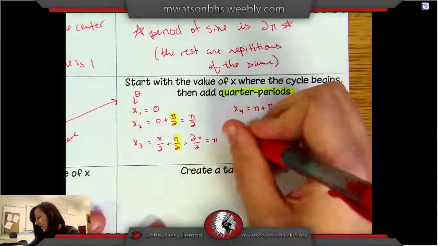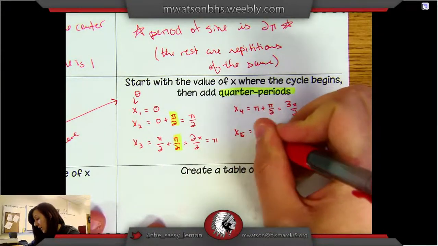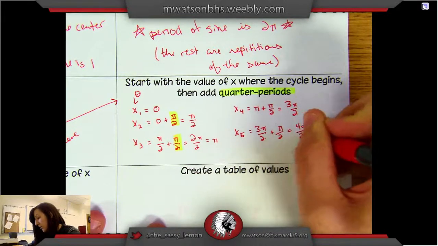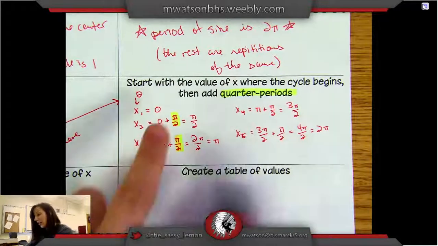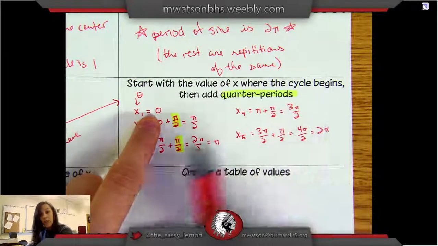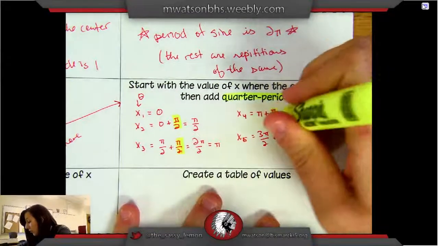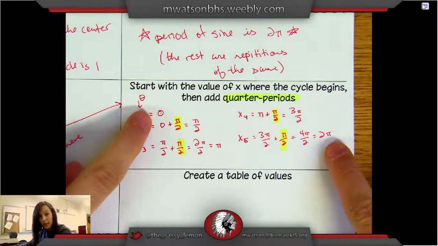And then we're going to add another quarter period. So now we have 3 pi over 2 plus pi over 2, which equals 4 pi over 2, which we can simplify to 2 pi. And voila, we've gone from beginning to end of one period. We had a starting point, and we added quarter periods until we got to our full period length.